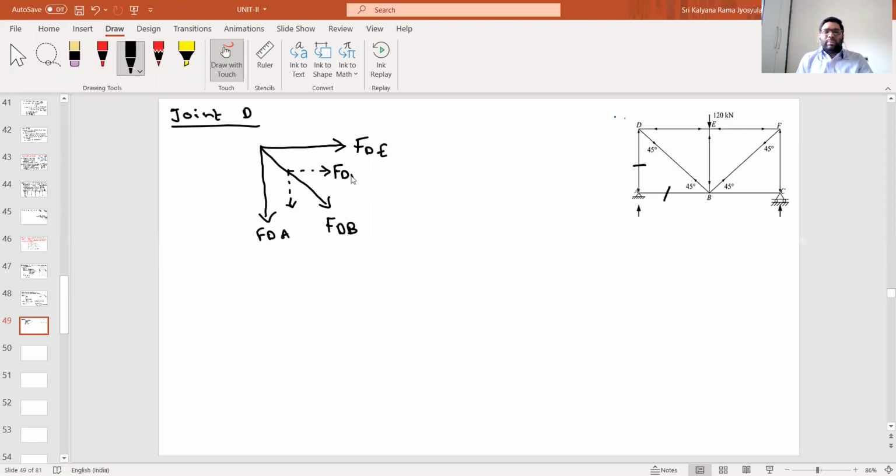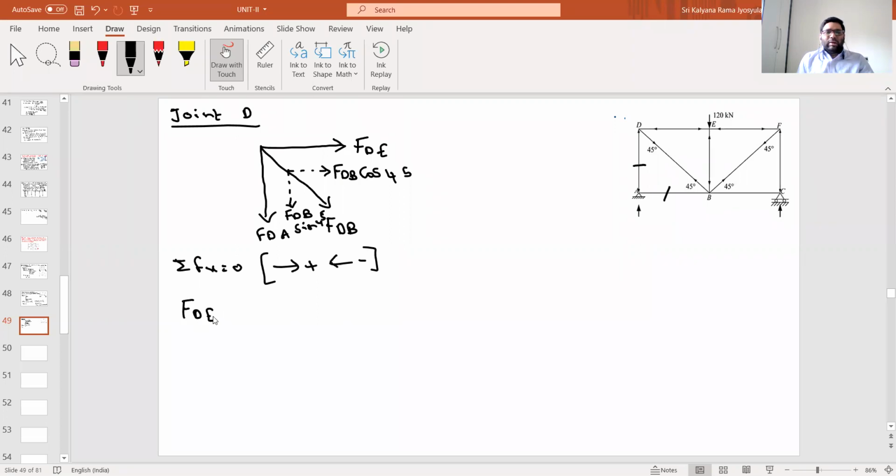So how do we do that? FDB cos 45 horizontally, and FDB sin 45 vertically. Now sigma Fx is equal to 0. This is positive, this is negative.